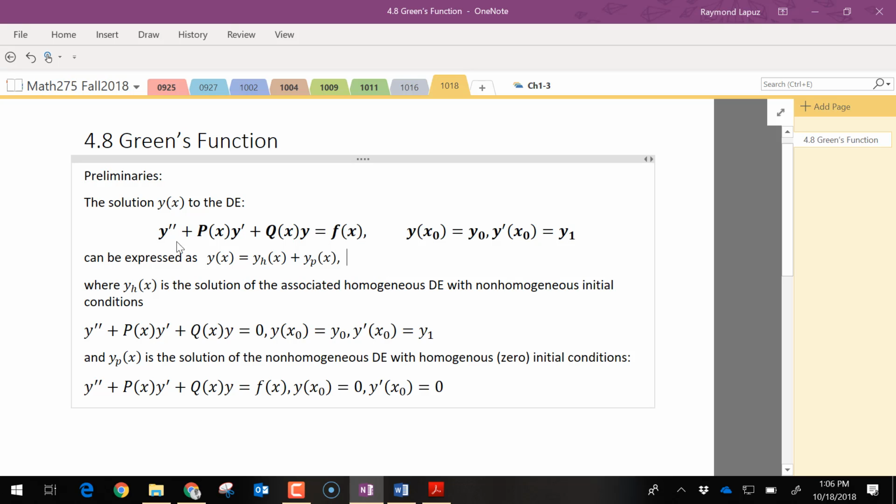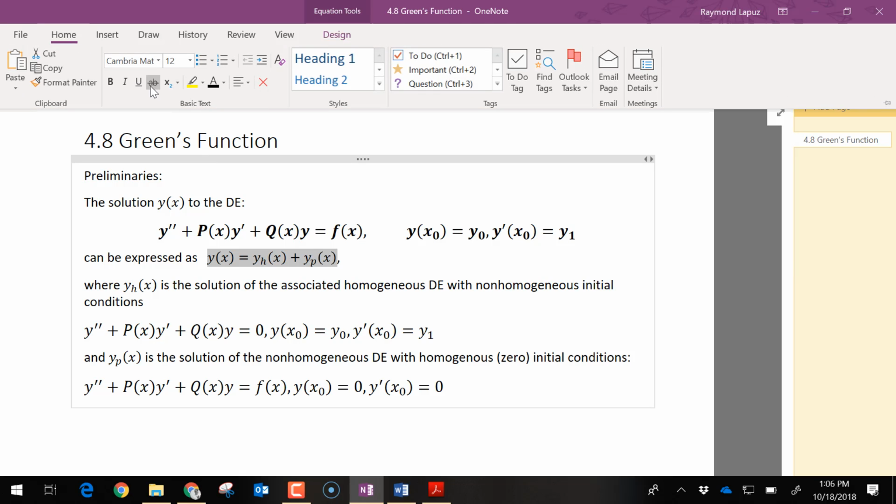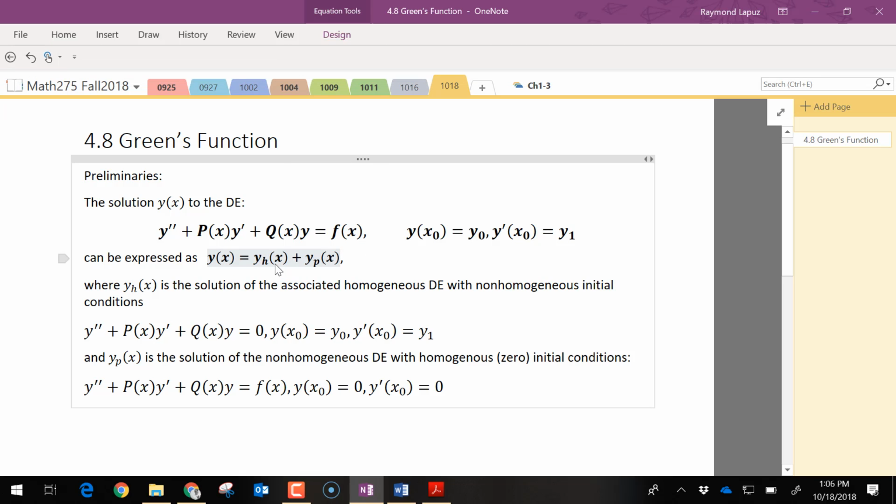We know that by the superposition principle, our solution is just going to be the solution for y sub h, or y sub c. I forgot what they called it.